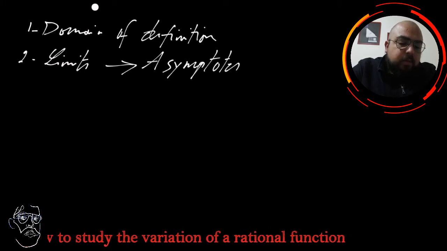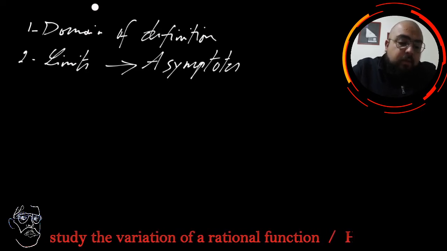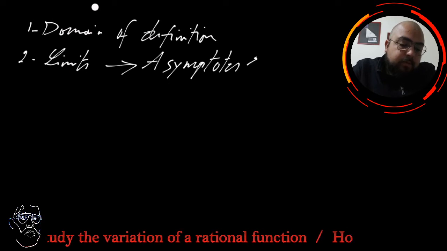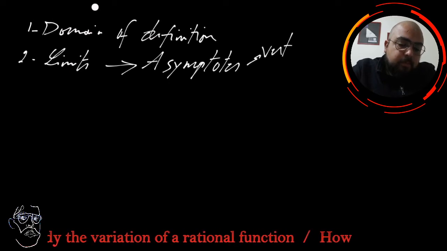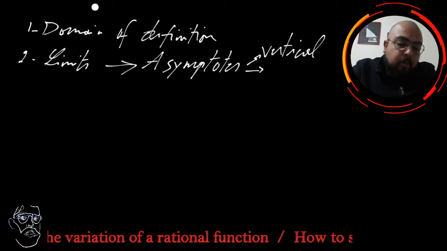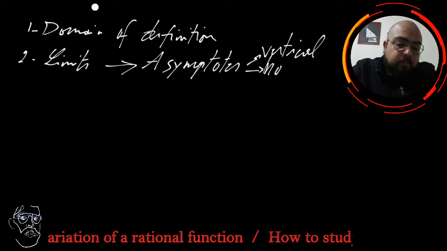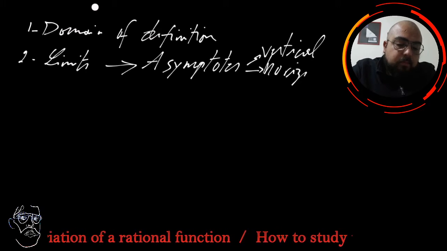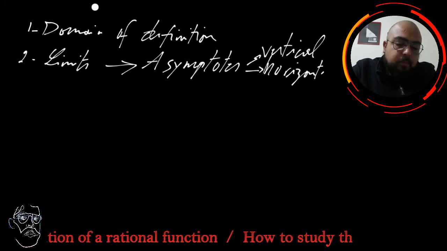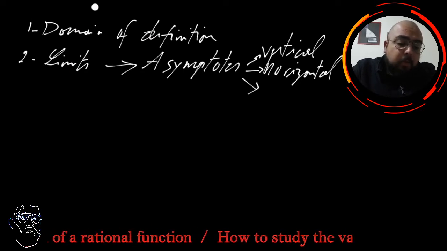Now the asymptotes, there will be three kinds. It's possible to have vertical. It's possible to have horizontal. And a third case is oblique.